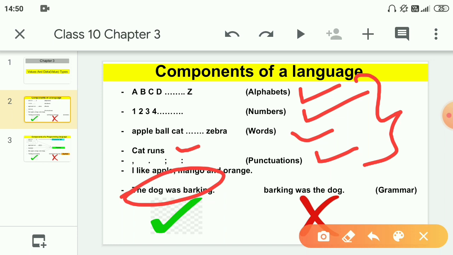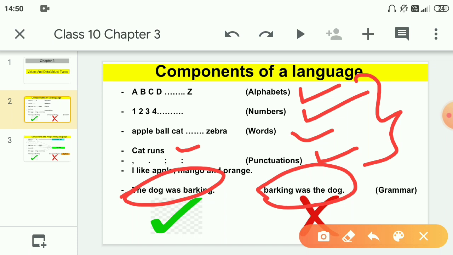But if I say that barking was the dog, does it make sense? It does not make sense, because this sentence is not following the predefined rules of grammar for the English language. So all these components, alphabets, numbers, words, punctuations, grammar, are very vital for a particular language.